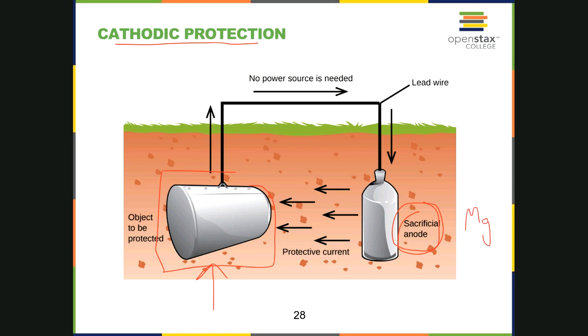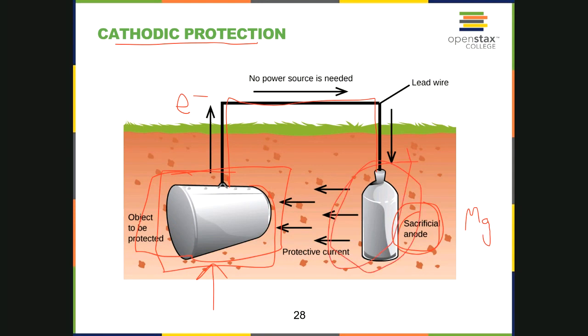And then we just hook a wire between the two. And so then the electrons are going to flow from the metal that we're trying to protect over to the anode. And then the anode will eventually be gone. It will eventually be converted into magnesium oxide, but it will have prevented our metal object from rusting. And so then, every so often we'll have to come back and replace the sacrificial anode because we've consumed it.